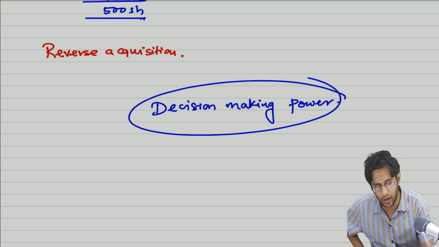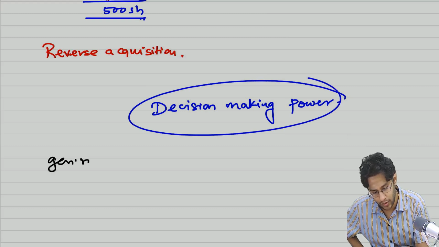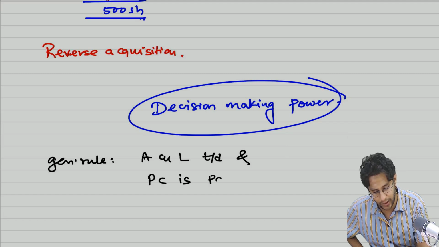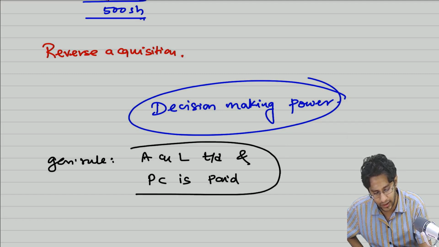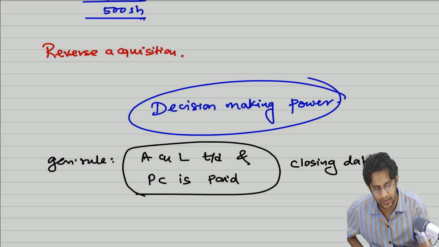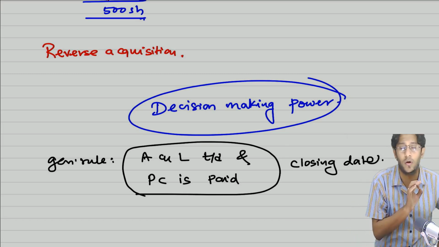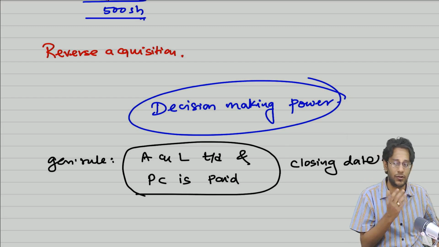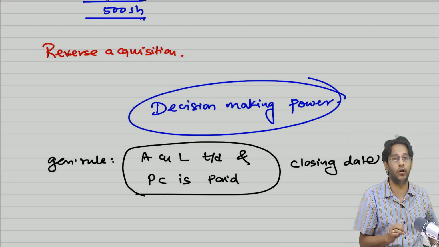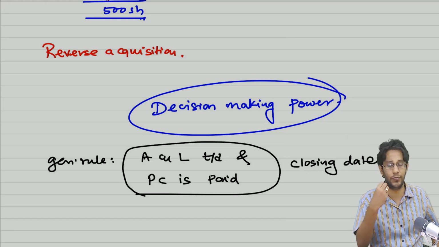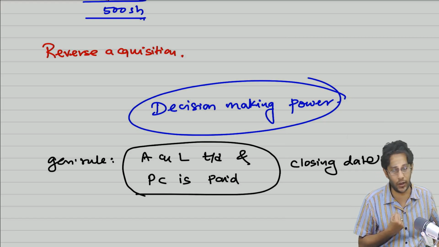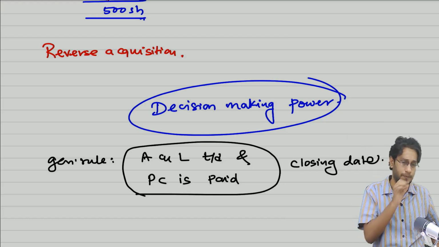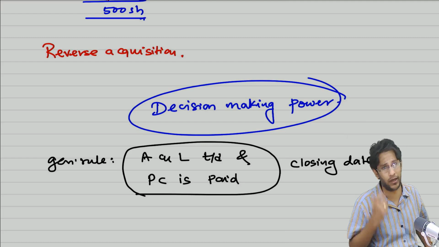Now, the general rule is, when assets and liabilities are transferred and PC is paid, this date, which we also call the closing date, is the date on which control is transferred to the acquirer. So this only will become the acquisition date. In the majority of cases, the closing date, the date on which PC is settled and the assets and liabilities are taken over, is the date on which the acquirer obtained control over the acquiree.